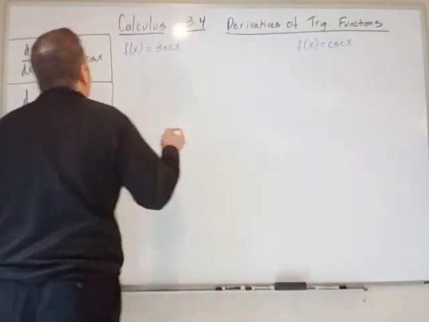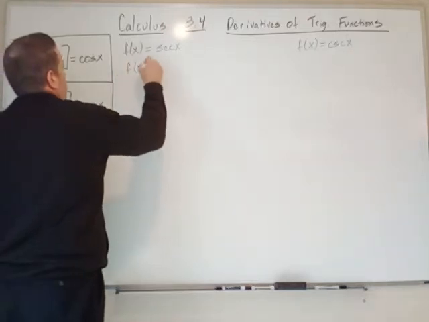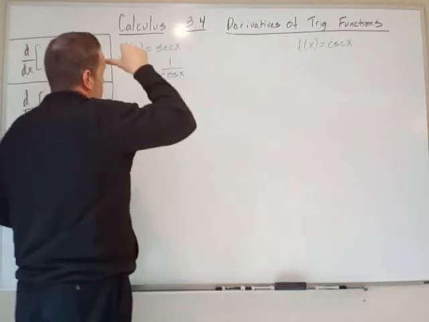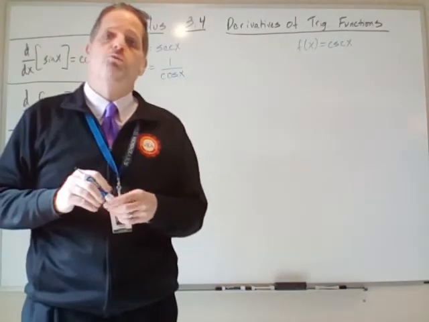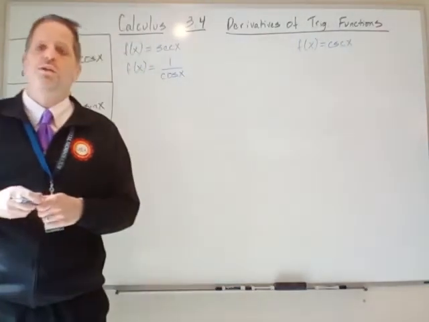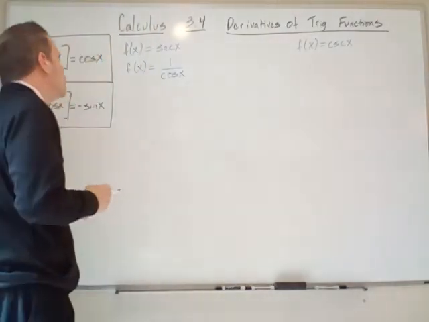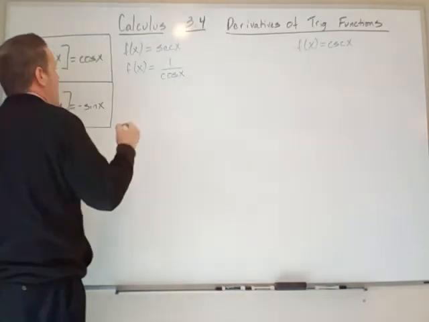Well, first off, the secant can be written in terms of cosine: 1 over the cosine of x. Now there is what's called a reciprocal rule for derivatives. However, in my experience, going through the quotient rule is always beneficial. It reinforces some basic derivative facts, and I'll show what I mean by that.